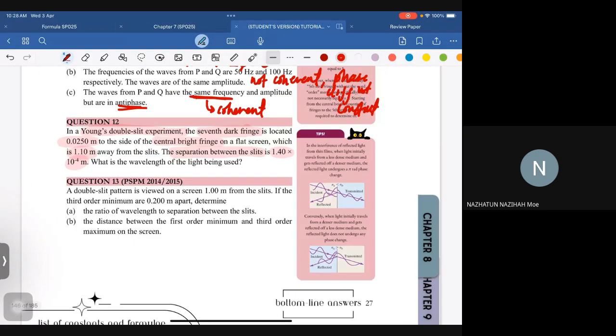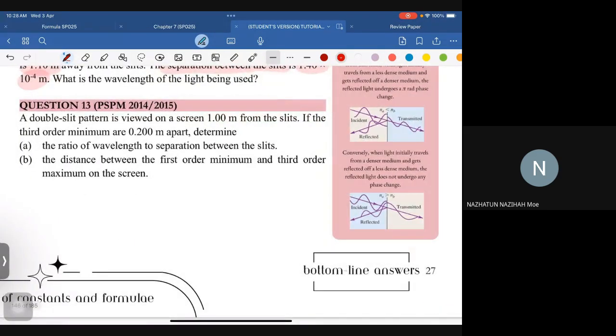Question 13, this is a PSPM question. So sekarang kita identify dulu, dia cakap ini adalah double slit. So okay, kita perlu refer formula double slit lah. Lepas tu dia bagi tahu the pattern is viewed on the screen 1 meter from the slits.